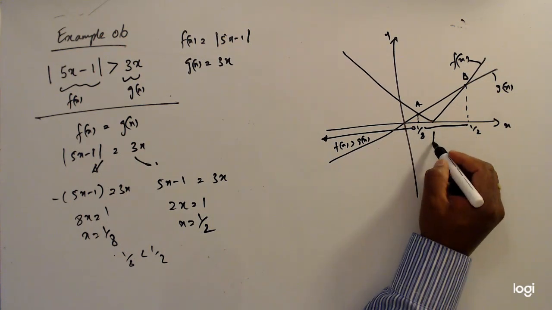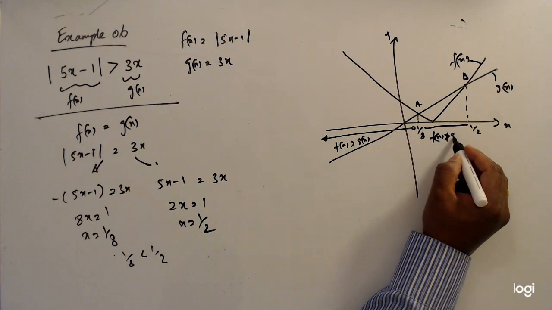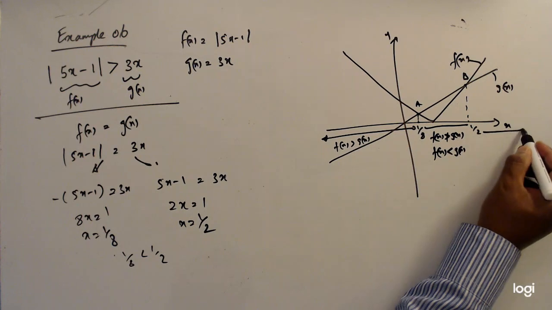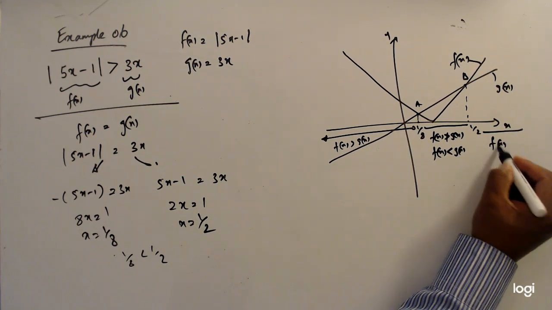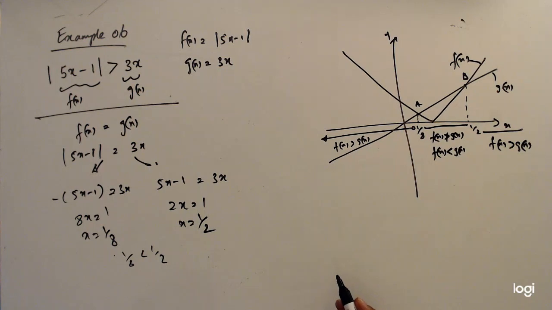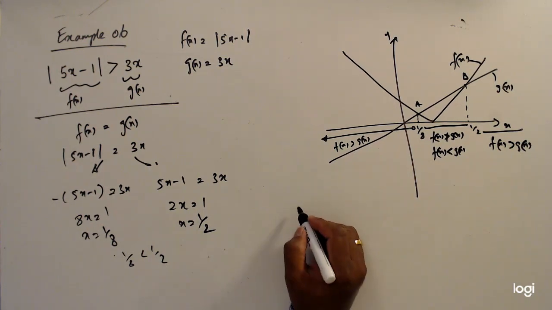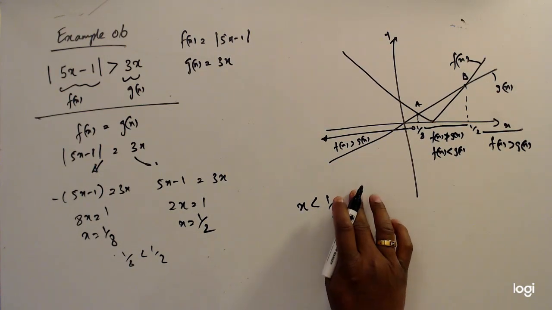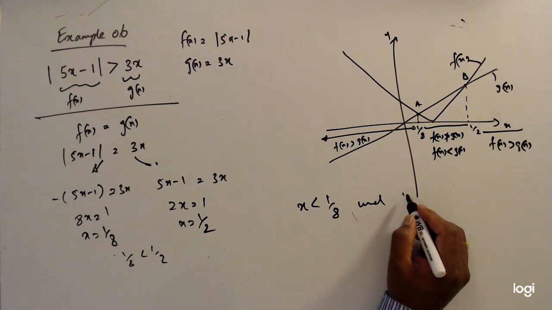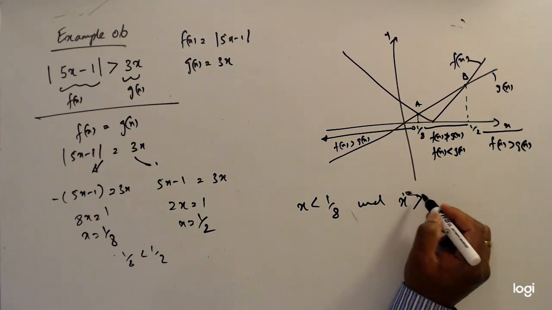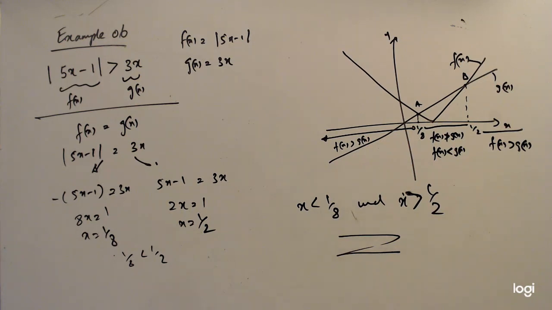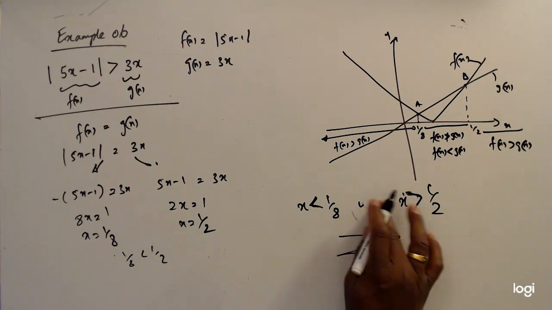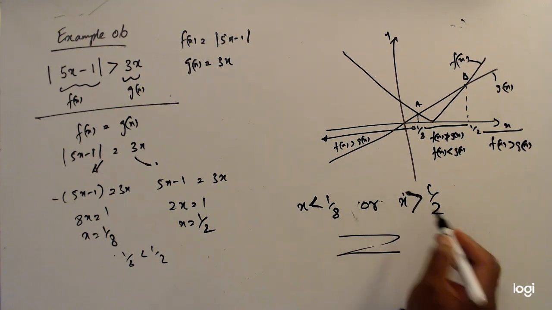In between here fx is not greater than gx, or you can write fx less than gx, and after half again fx greater than gx. So the answer is x less than 1 over 8 or x greater than half.